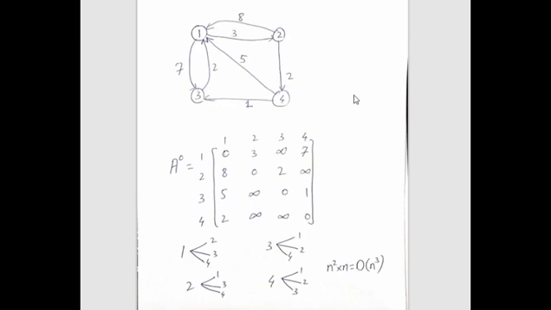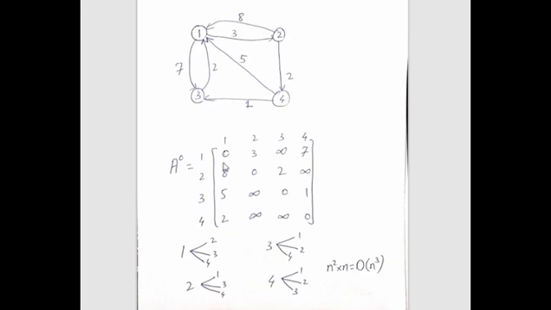Because 1 to 1 there is no distance traveled, or we cannot apply the loop over here. 2 to 2 there is no distance traveled, we cannot apply the loop over here. Same is the case with 3 and 4, that there is no distance traveled to itself of the vertex, and we also cannot apply the loop on it. So that is why we have taken the diagonals as 0.